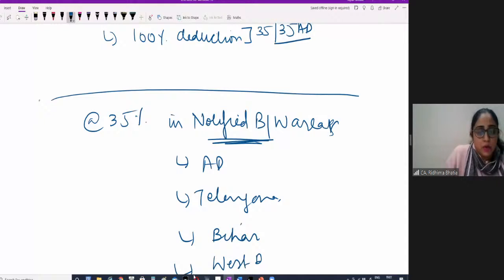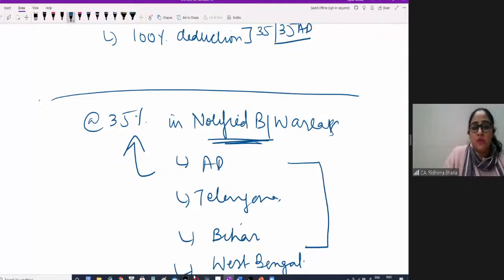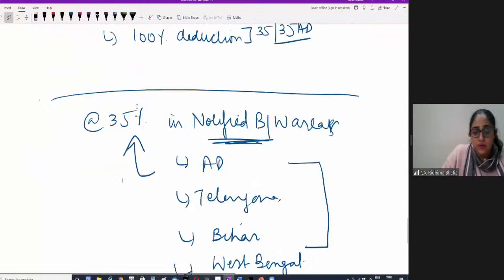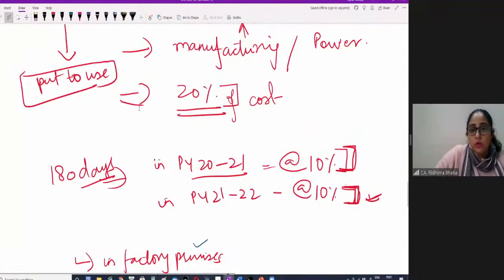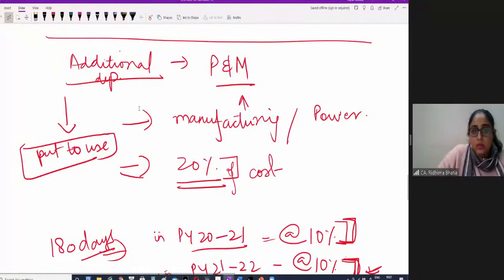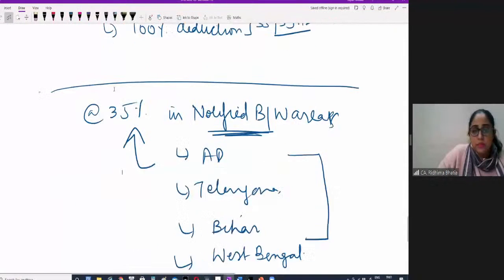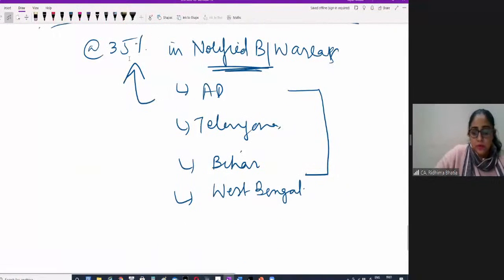In the notified backward areas only, if you set up a manufacturing unit, on the plant and machinery there you will get additional depreciation. Instead of 20%, you will get additional depreciation at the rate of 35%. What did I say? Additional depreciation for a notified backward area manufacturing unit, their plant and machinery would be charged instead of 20%, at 35%.